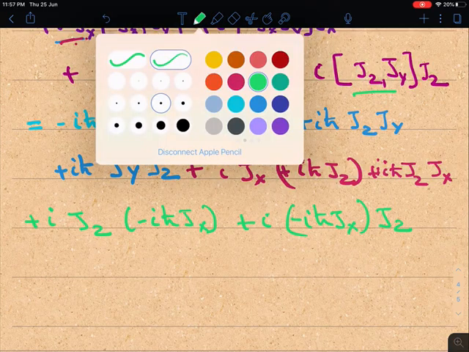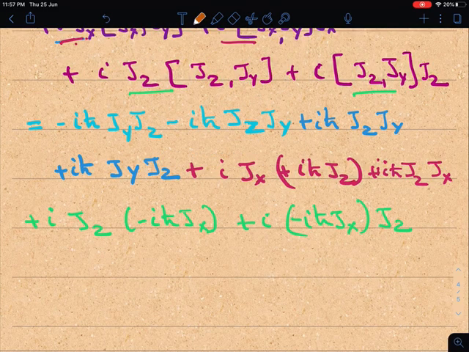So this is what we have. Now we'll look into it: you have minus i h cross Jy Jz, just look here. Again you have plus i h cross Jy Jz, minus i h cross Jz Jy, and here you have plus i h cross Jz Jy.